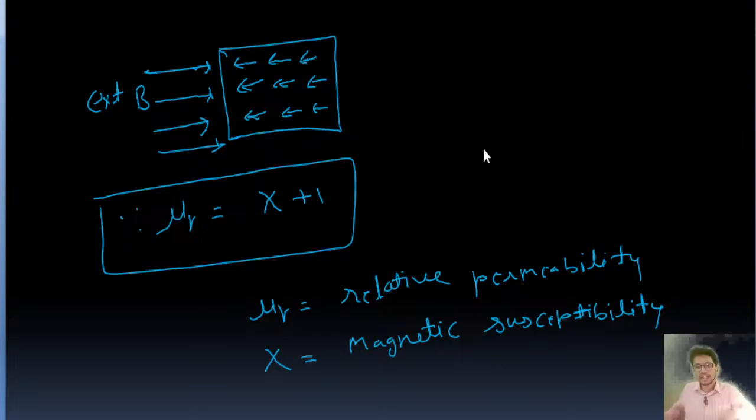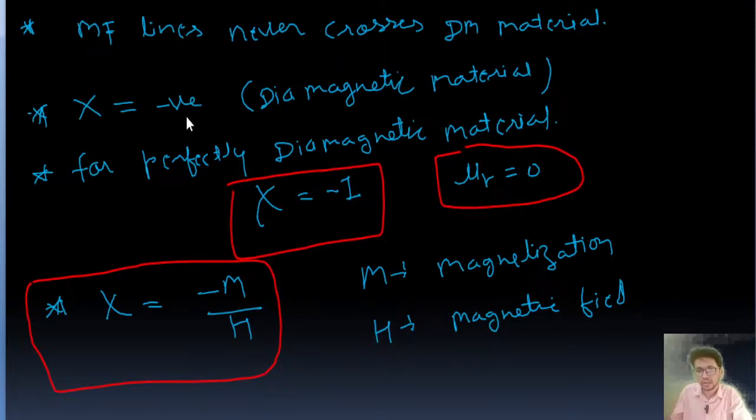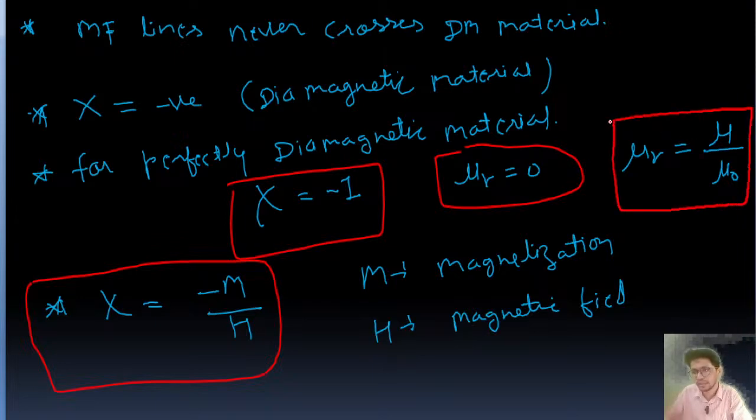Chi is minus 1 for perfectly diamagnetic, so minus 1 plus 1 equals 0. So for perfectly diamagnetic material, the relative permeability mu r is 0, where mu r is the permeability of the material upon the permeability of vacuum.